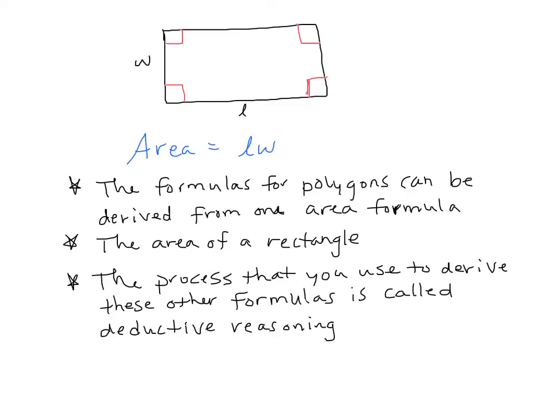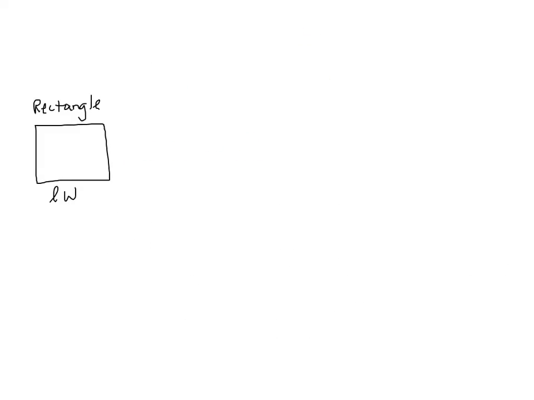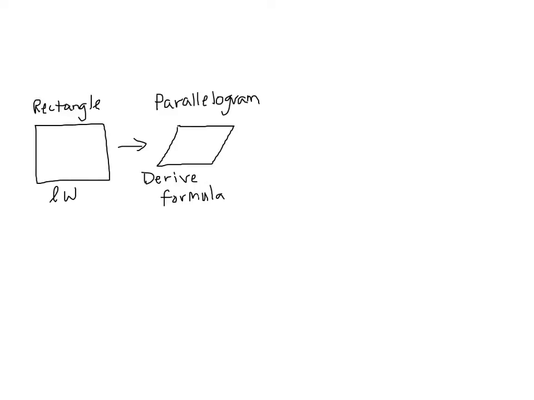The process that you use to derive these other formulas is called deductive reasoning. And I'll kind of give you a pattern of what we're going to do throughout this whole chapter. So we start with a rectangle, which we already know is defined by length times width. Then we have a parallelogram, which we need to derive the formula for.